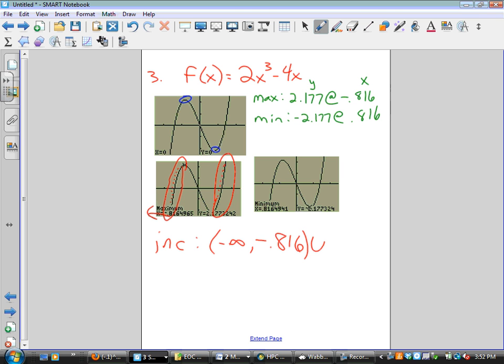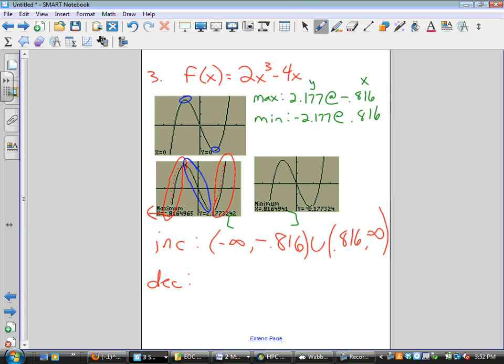So it is increasing from 0.816 to infinity. And notice that I never use any closed brackets, and that's because at those endpoints, the function is neither increasing nor decreasing.